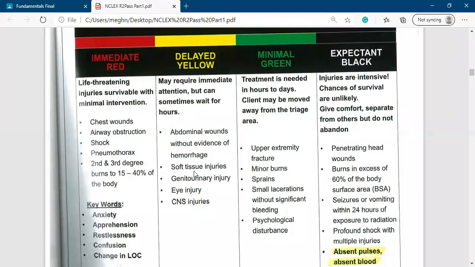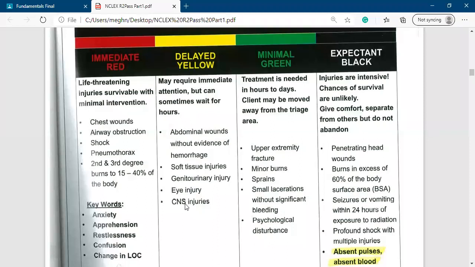So who are the patients for yellow tag or class 2? Like abdominal wound or soft tissue injuries, gastrointestinal injury, eye injury, or central nervous system (CNS) injuries. They are yellow tag.